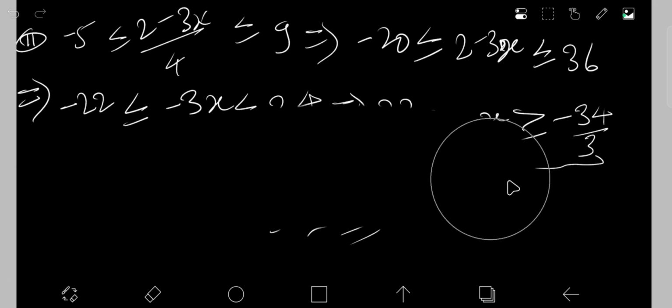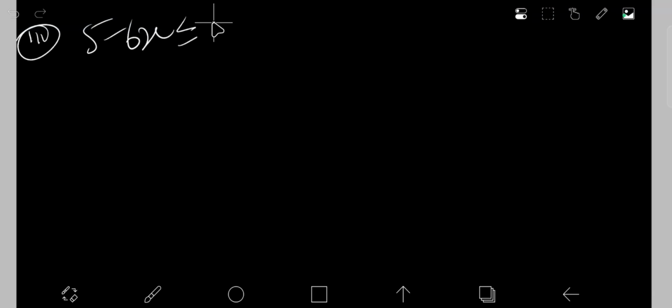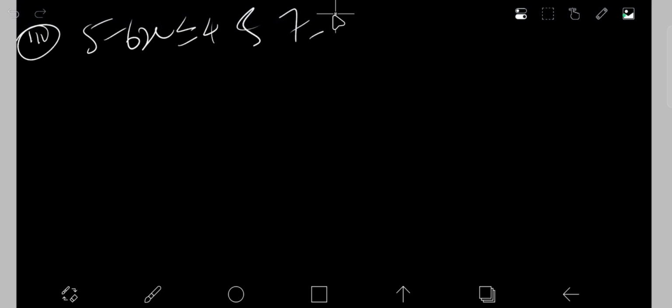Similarly, we take point number 3. The third point question. Here given 5 minus 6x is less than or equal to 4, and 7 minus 3x is greater than or equal to 2x.